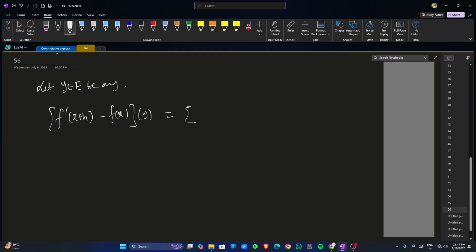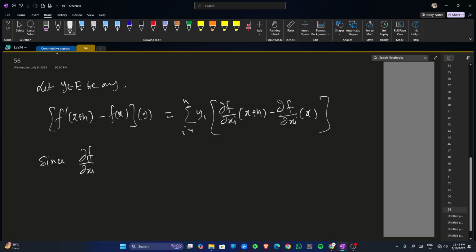Applied at y, this is the summation over i equal to 1 to n of y_i times del f del xi at x plus h minus del f del xi at x. Since del f del xi are continuous, as h tends to 0, del f del xi at x plus h tends to del f del xi at the point x.